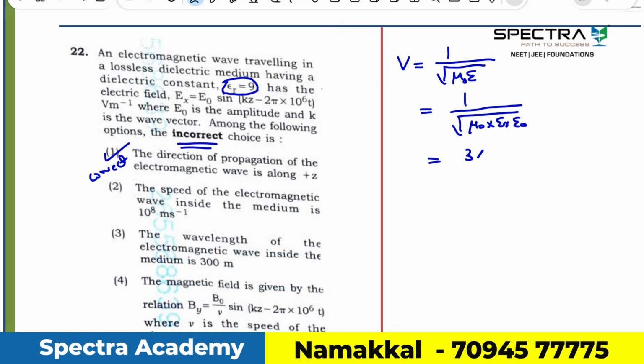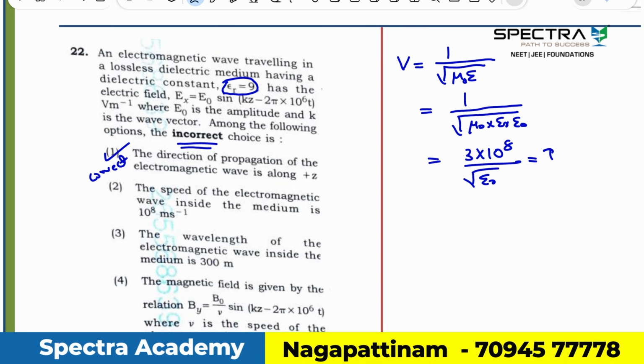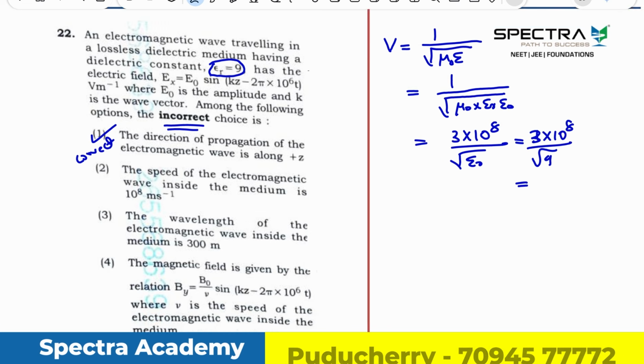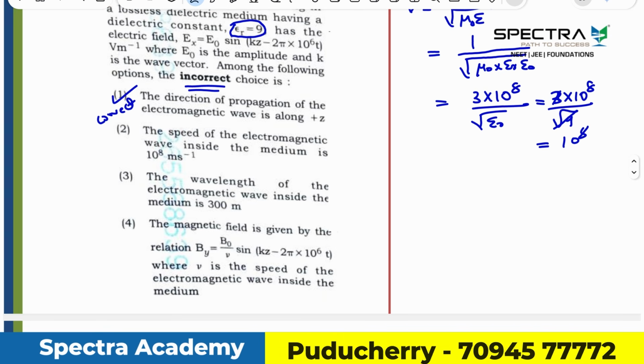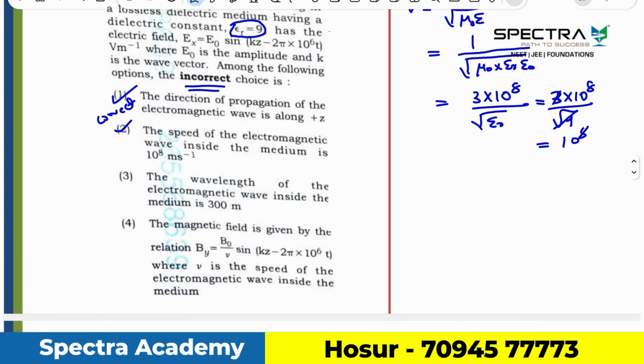This can be written as 3 into 10 power 8 by root of epsilon r, which is 3 into 10 power 8 by root 9. So root 9 and 3 cancel, you get 10 power 8. Yes, the second statement is also correct only.